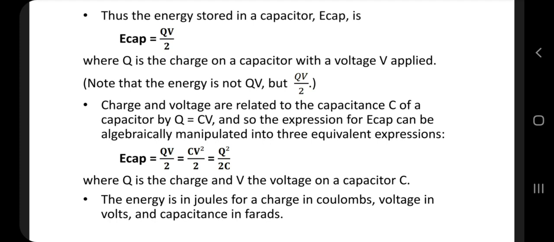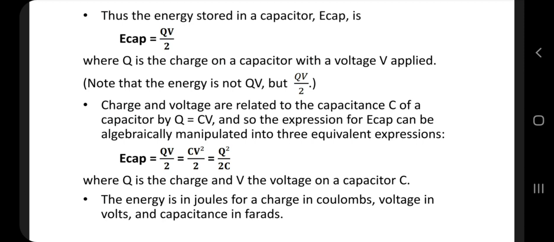Charge and voltage are related to the capacitance C of a capacitor by Q equals CV, and so the expression for E cap can be algebraically manipulated into three equivalent expressions. E cap equals QV by 2, which is equal to, using the equation Q equals CV, CV square by 2.